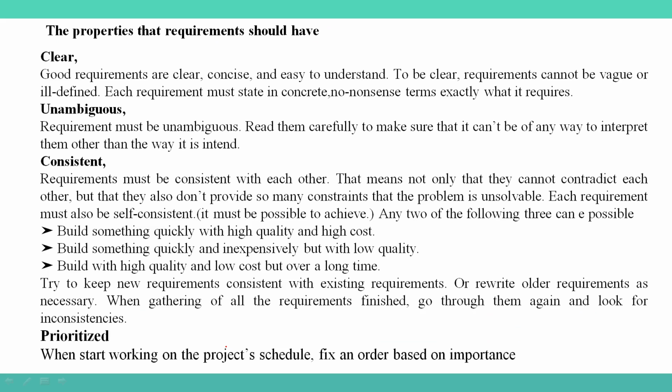First, the requirement should be very clear, because we have to clearly define the kind of requirement or what we are trying to express. That means it should be well defined and understandable.